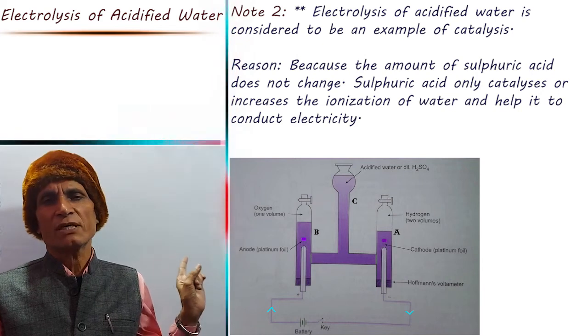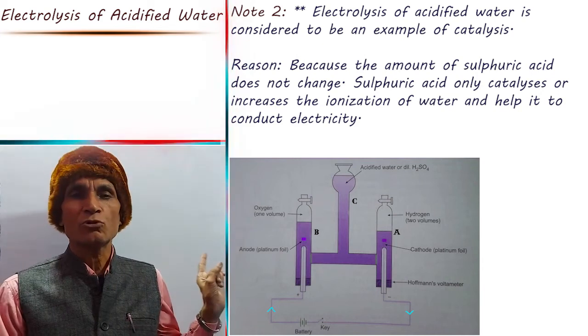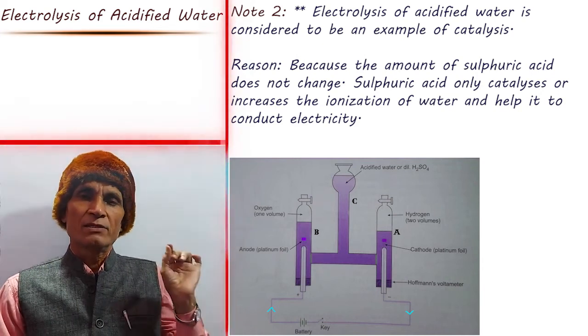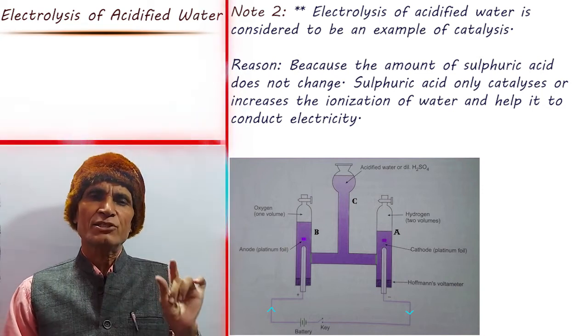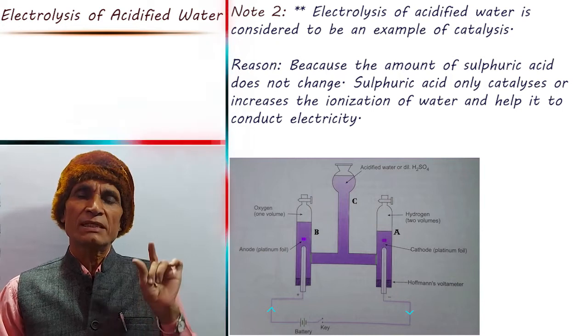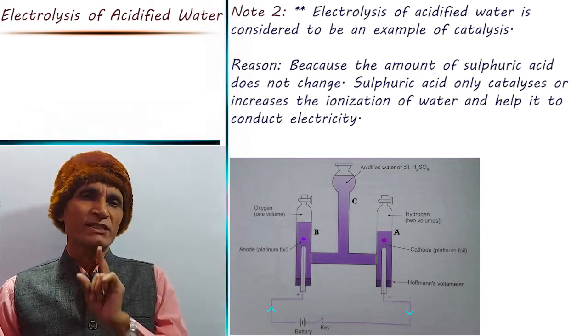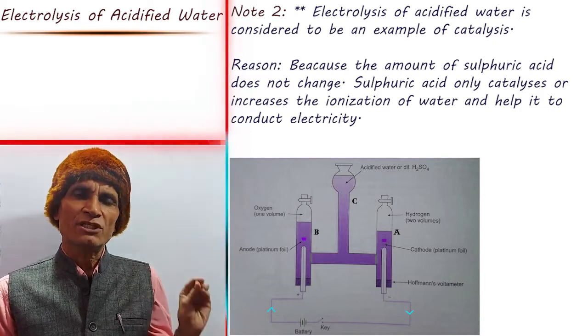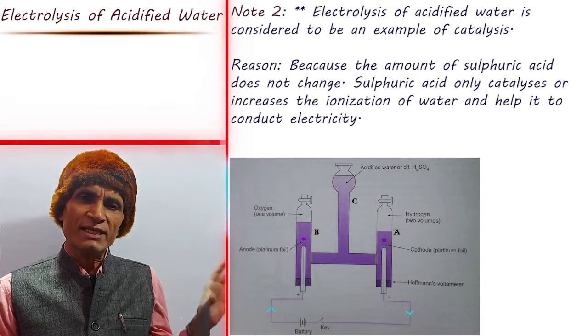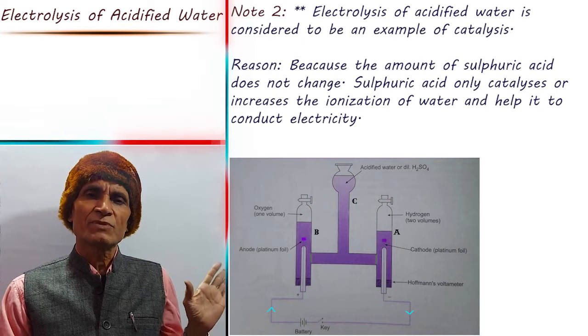This question was asked in 2010. Electrolysis of acidified water is considered to be an example of catalysis. Why? Because the amount of sulfuric acid remains unchanged during the process.